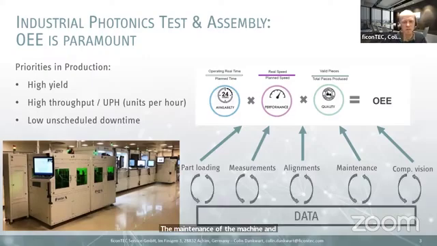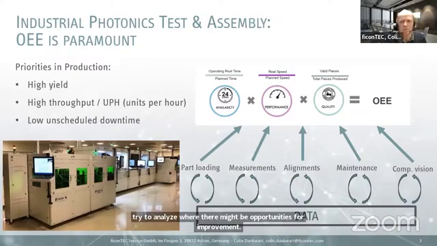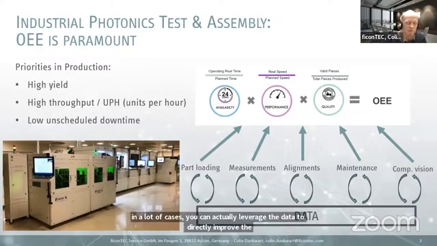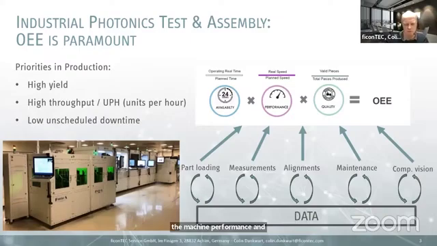Generally, you can get data for all of these processes and try to analyze where there might be opportunities for improvement. But in a lot of cases, you can actually leverage the data to directly improve the machine performance. And this is the main thing that we concentrated on.